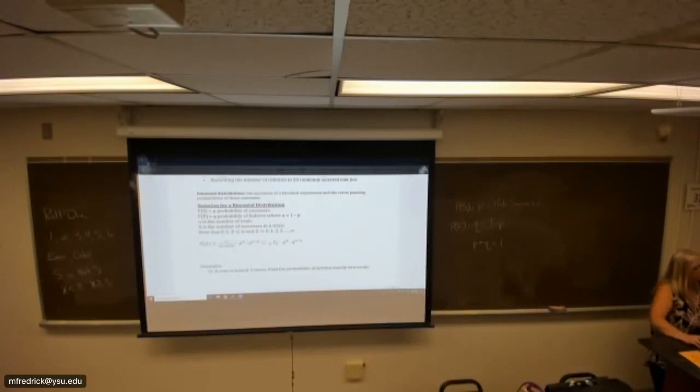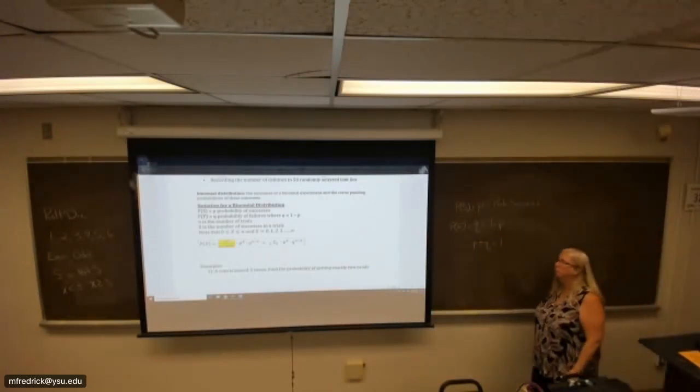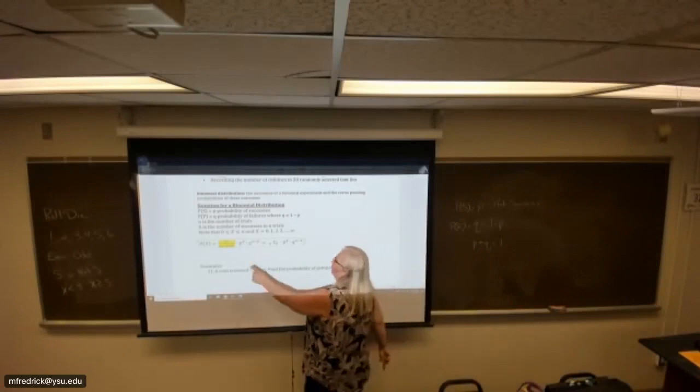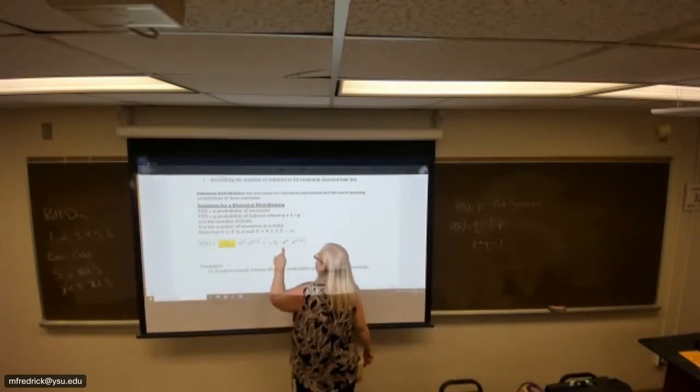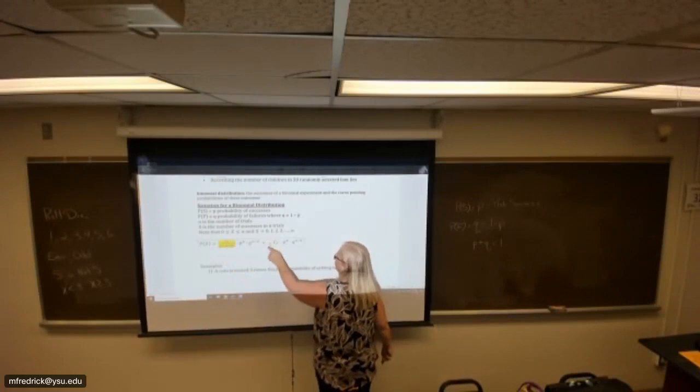And this is the formula. This part, you remember the formula for combination? N factorial over N minus X factorial times X factorial. That's a combination.